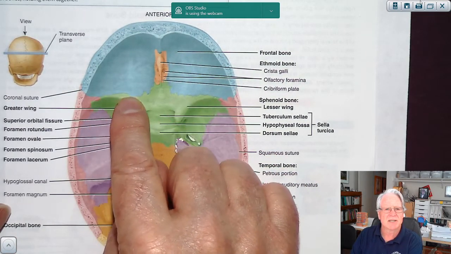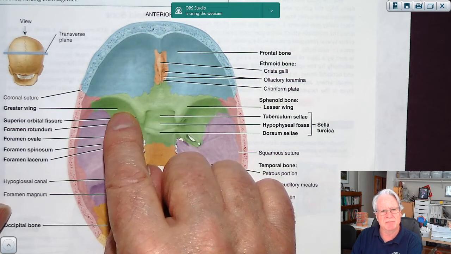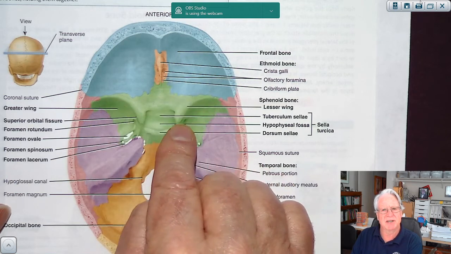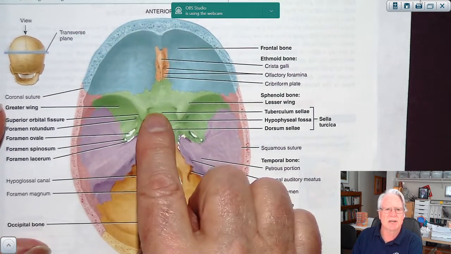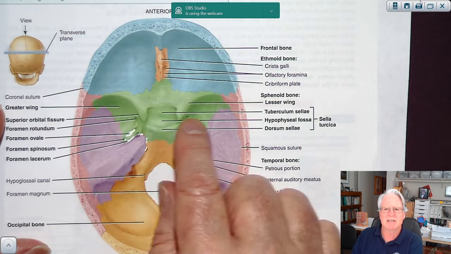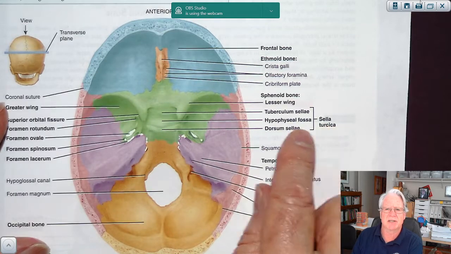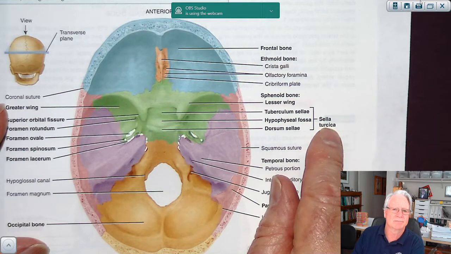It has this butterfly appearance. It's actually a very unusual looking bone, but it has this butterfly appearance. And then, if you look carefully right here, there's a series of structures that are collectively referred to as the sella turcica. And this literally translates into Turkish saddle.